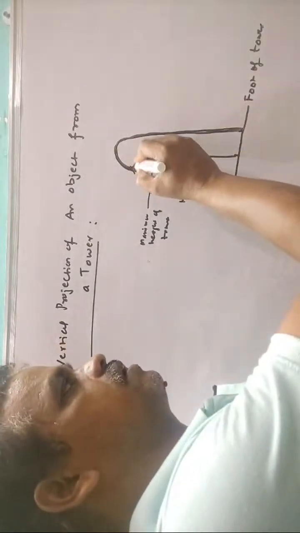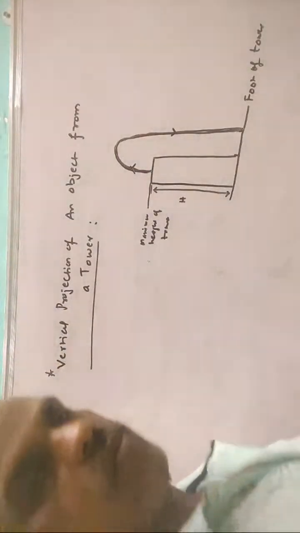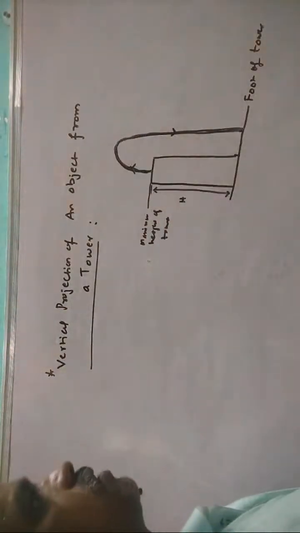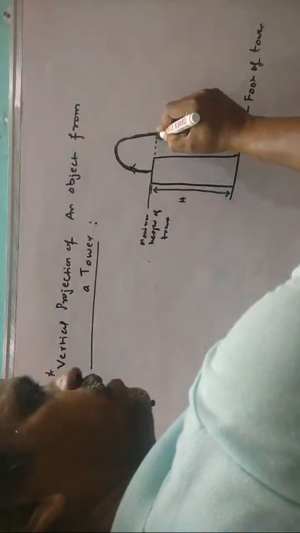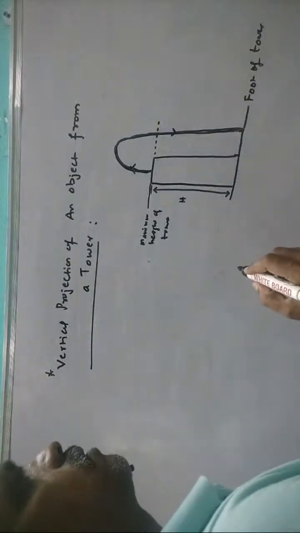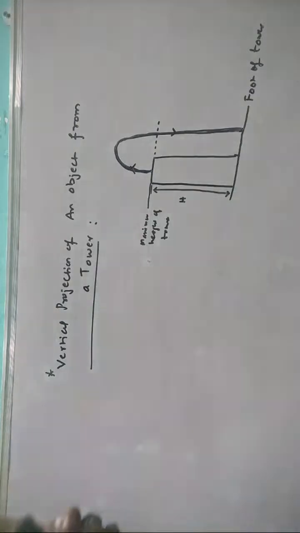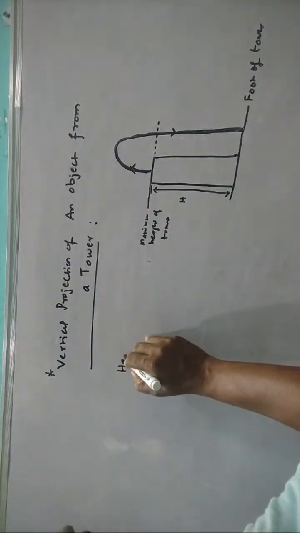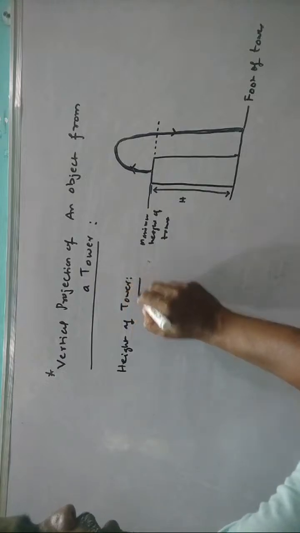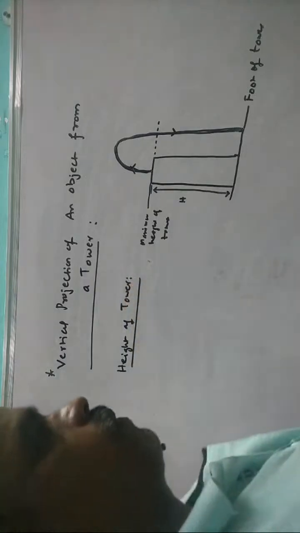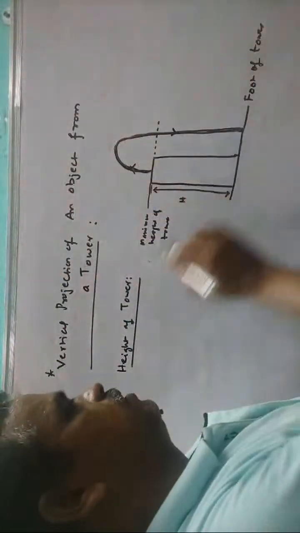This is the direction of the path of the body when we projected vertically from a tower which has height h. So in this situation we need to find the height of the tower.